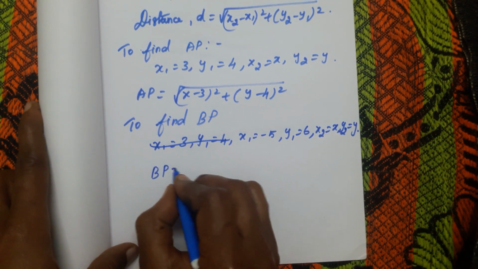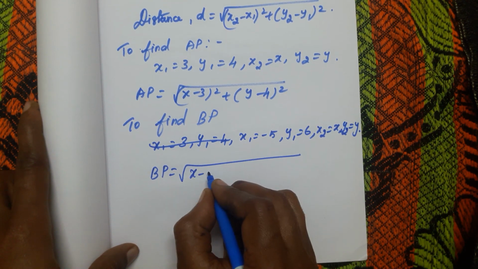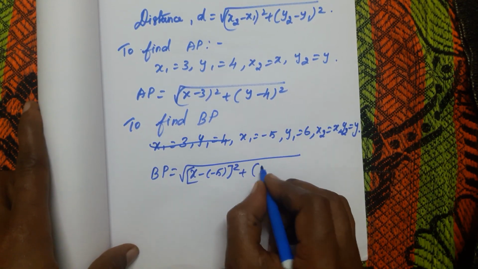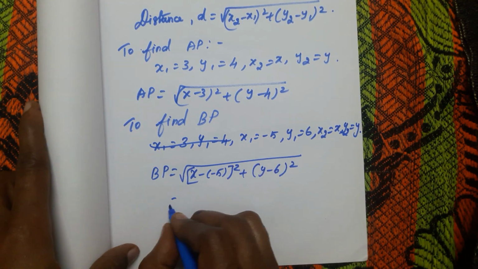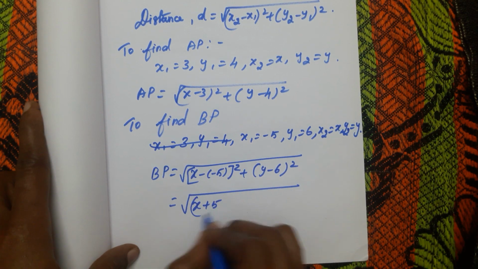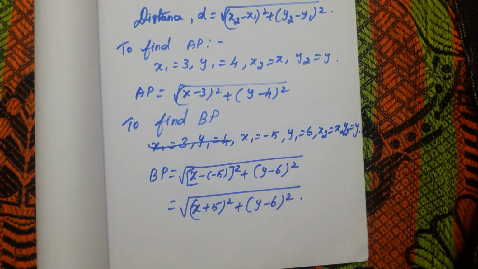BP is equal to root of (x2 minus x1) the whole square, (x minus minus 5) the whole square plus (y minus 6) the whole square, which is root of (x plus 5) the whole square plus (y minus 6) the whole square, since minus of minus means plus. Next, what is given?